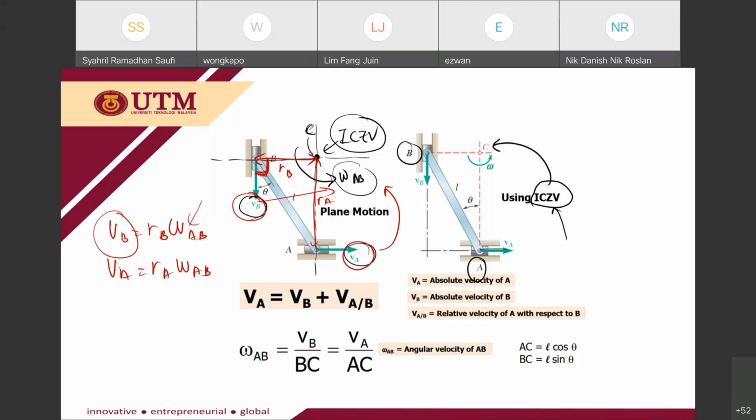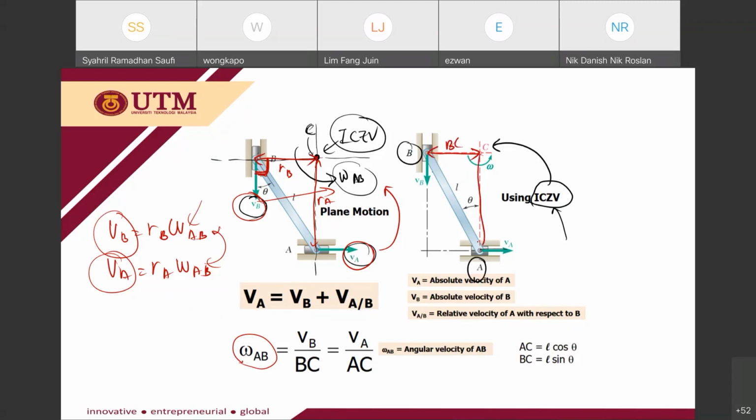So this is the second method, where you can still determine this VB and VA by using the omega AB, the omega of the rod. This omega is at the point of the instantaneous center of zero velocity. For this one, you notice that omega AB is equal to VB over BC, BC is here.